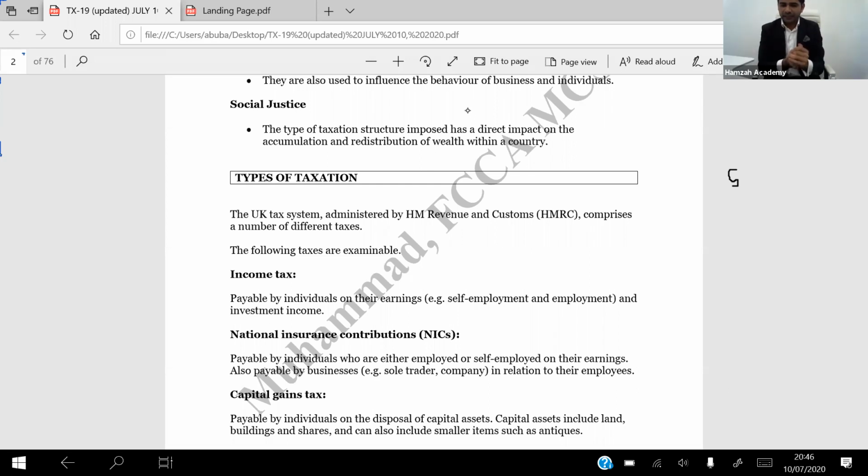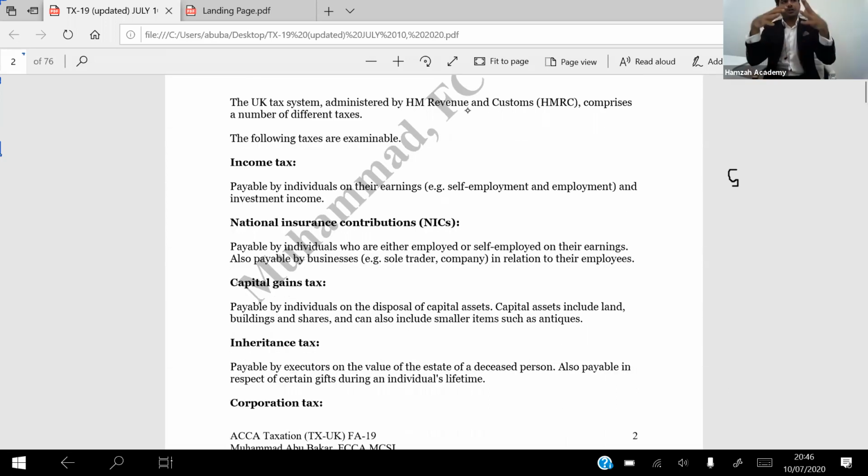Then we have capital gains tax: when I sell an asset, being a company or an individual, I purchase that asset for 100 pounds and now I'm selling it for 120 pounds, I have to pay tax on that 20 only, because that is the gain.